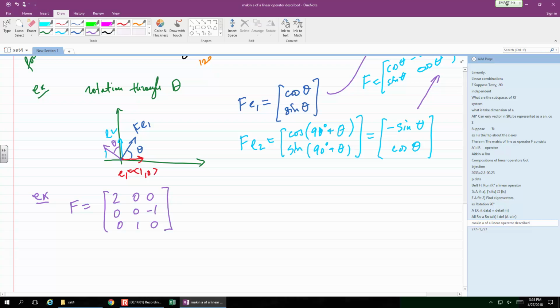This is 3-dimensional, so to visualize is hard, right? So literally, this is the 3-dimensional space, and it is transformed to another 3-dimensional space. So this is 3 by 3, so this F as a linear operator goes from R3 to R3.